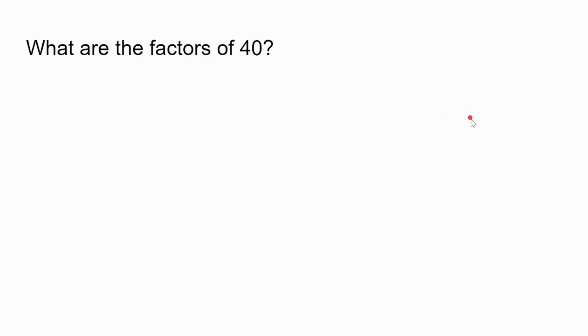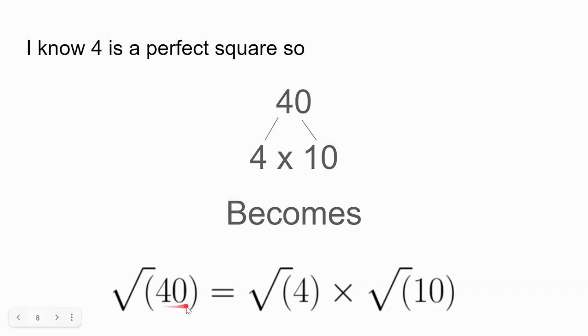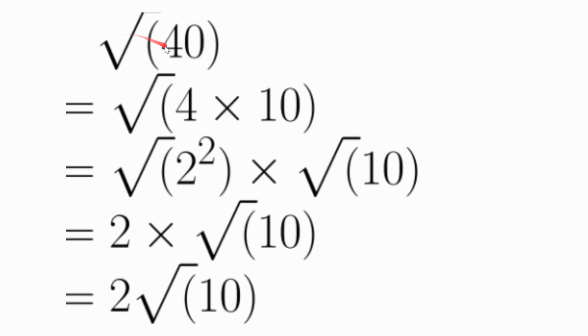So you think about the factors of 40, what two numbers multiplied together to be 40, but I want one of those numbers to be a perfect square, right? So 4 is a perfect square. 4 times 10 is 40. So now I can say the square root of 40 is equal to the square root of 4 times 10, which equals the square root of 2 squared times 10, because 4 is 2 squared.